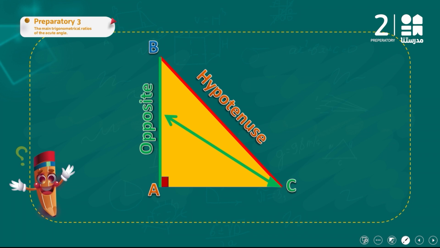Side AB, we call it opposite to the angle C. And the adjacent to the angle C will be AC. So the side opposite to the right angle, we call it hypotenuse. And for the angle C, the opposite to the angle C, we call it opposite. And the adjacent to the angle C, we call it adjacent.